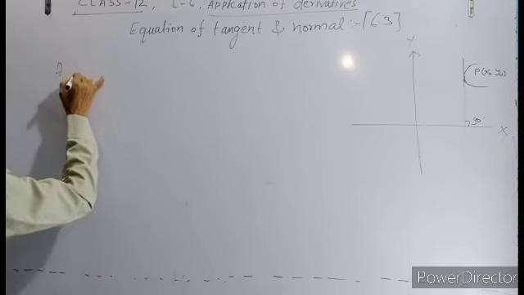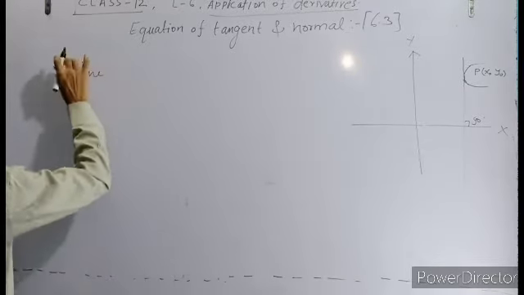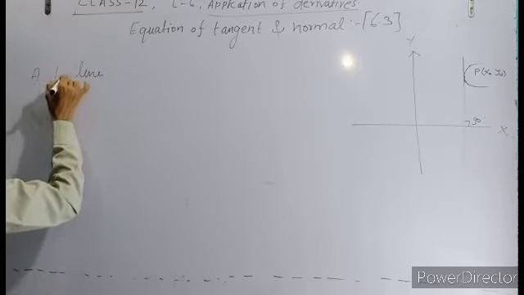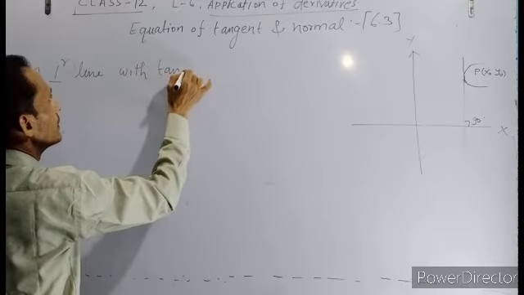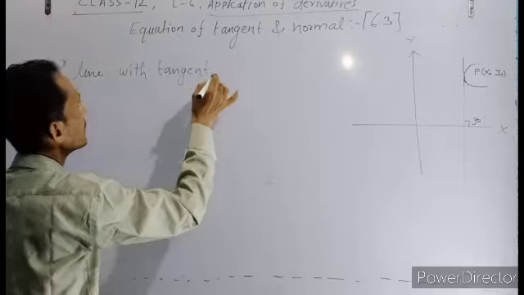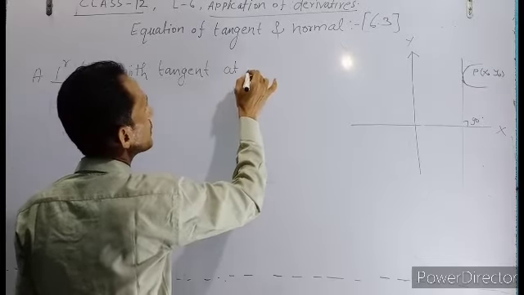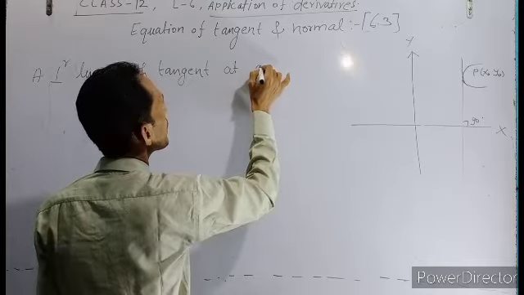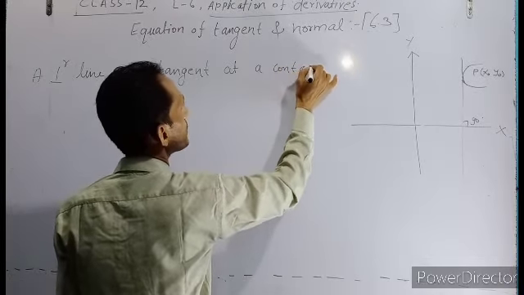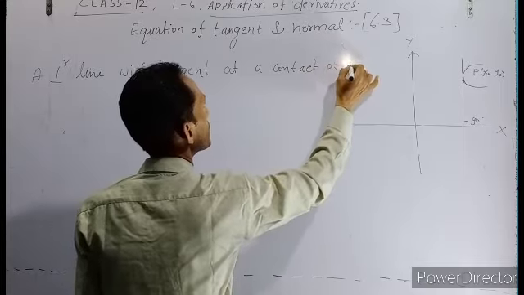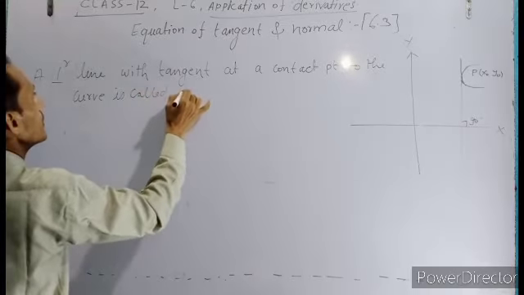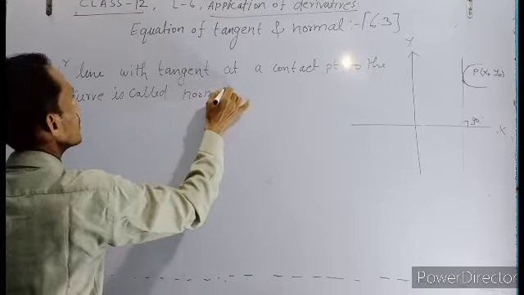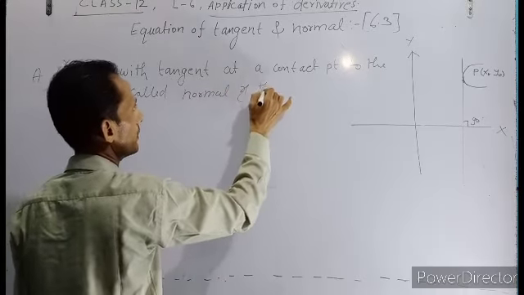A perpendicular line with the tangent at the contact point to the curve is called the normal of the given curve.